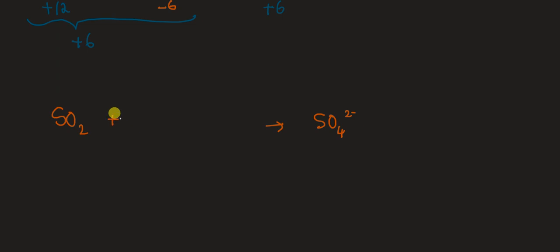So we add 2 water molecules. So now we have 4 oxygen atoms on the left and 4 oxygen atoms on the right as well. But now we have introduced the hydrogen atoms. So we have to balance the hydrogen atoms on the right hand side by adding 4 protons.